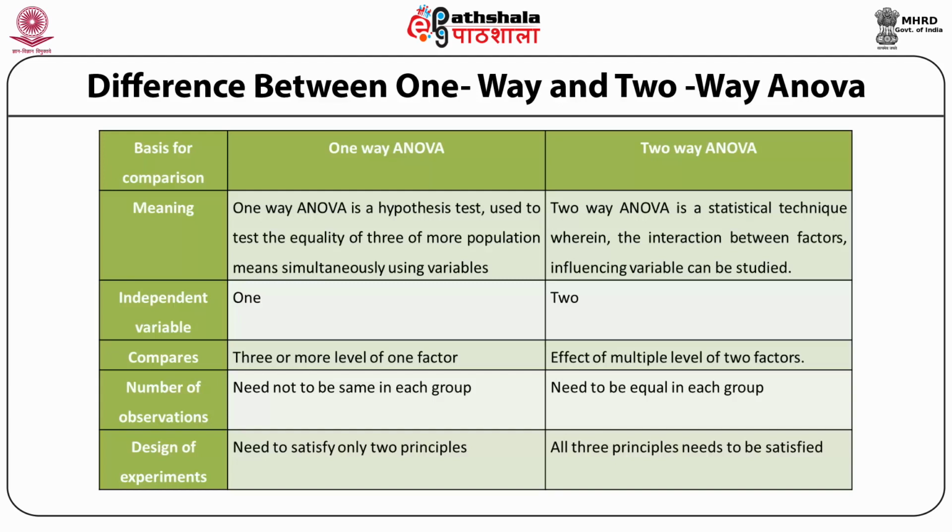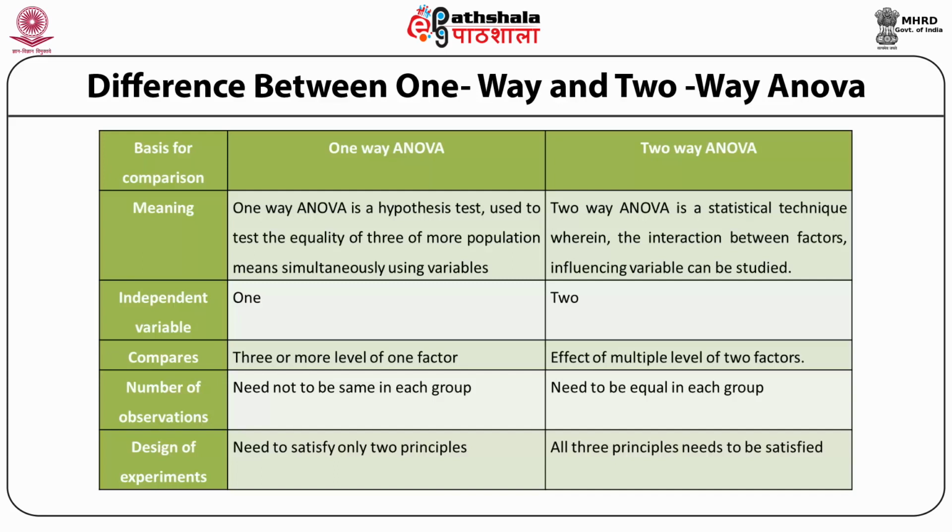While two-way ANOVA is a statistical technique where the interaction between the factors or influencing variables can be studied. But in this case, the difference is that it is using two variables or two attributes to do hypothesis testing or testing two or more populations, but based on two attributes.